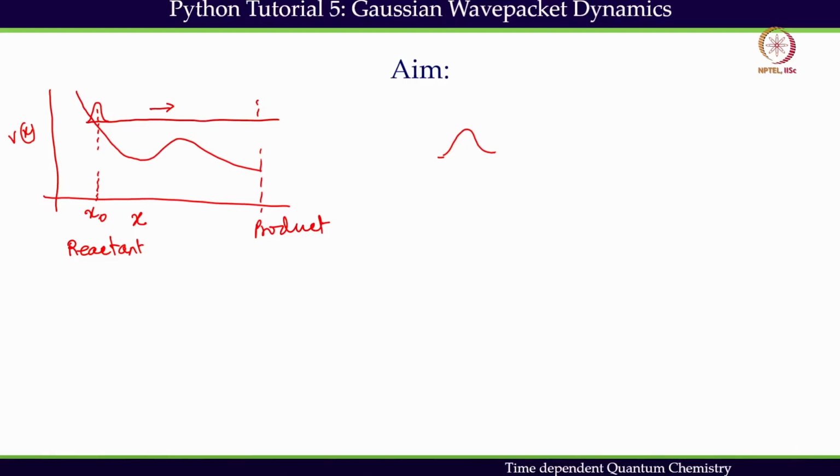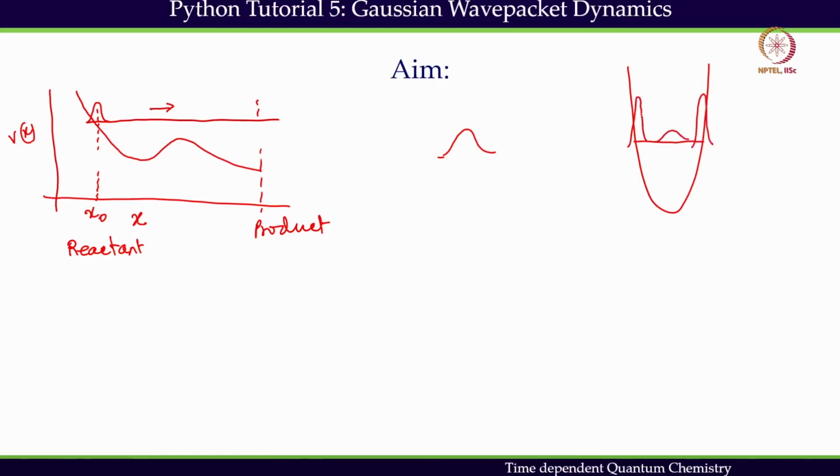So wave packet dynamics constitute the very basic quantum dynamics in chemistry, and it is very easy to understand also. We know that we have solved the wave packet analytically. When the wave packet propagates, it will spread out and it will decrease the amplitude in general. That's the basic idea, but it is not always true. If the wave packet has been created in the harmonic potential, what happens?